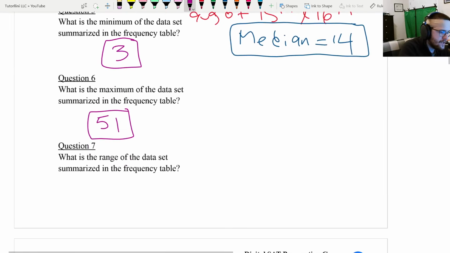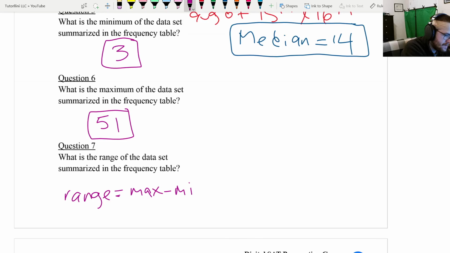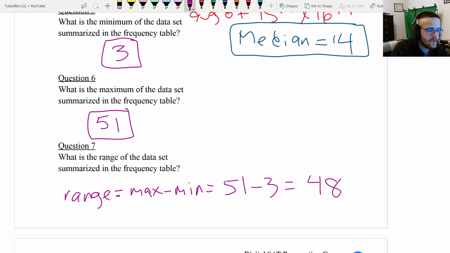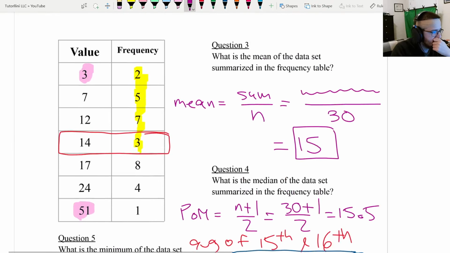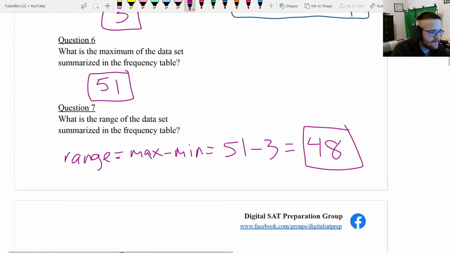And range, we talked about max minus min. So that's 51 minus 3. 51 minus 3 is 48. Okay, I think that's our answer for that one. Looks good.